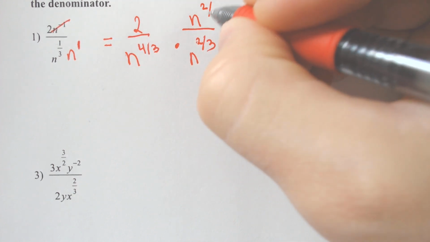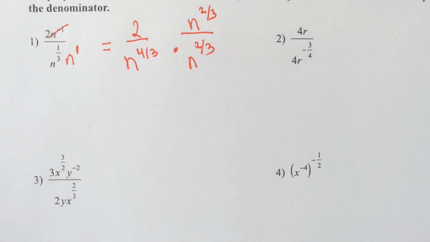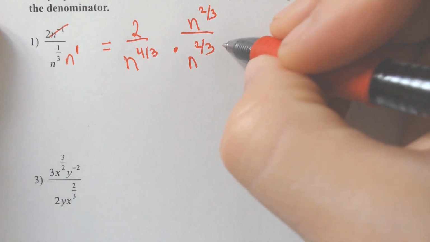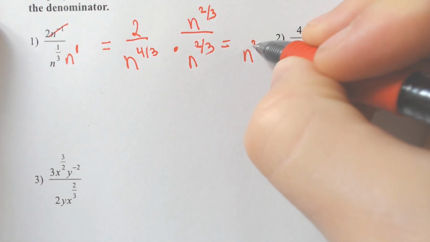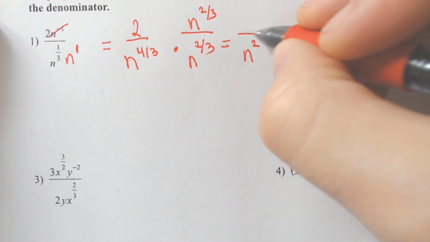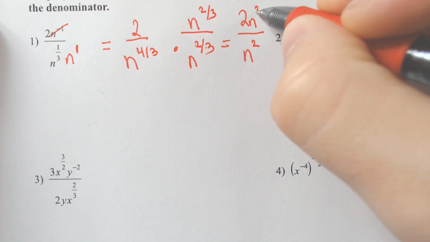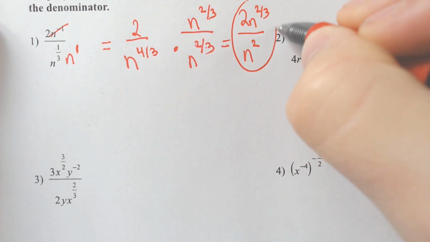In order to do that, we would multiply by n to the 2/3, and when we get that answer, we would end up with n squared, because 6 divided by 3 is 2, and we get 6 from 4 plus 2. So 2n to the 2/3 power is our final answer.